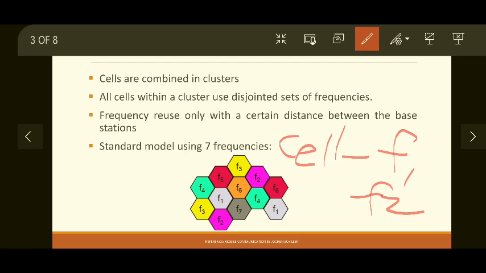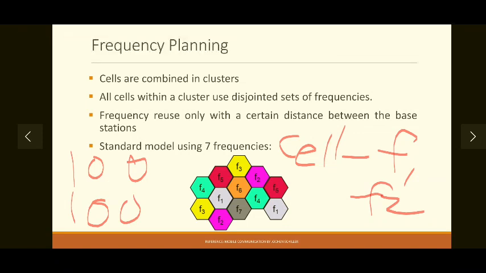Let's say we have only 100 frequencies available for a particular region. These 100 frequencies have to be divided over the entire region for communication. So does that mean only 100 people will be able to communicate with each other? No. That's why we are creating the cell structure.